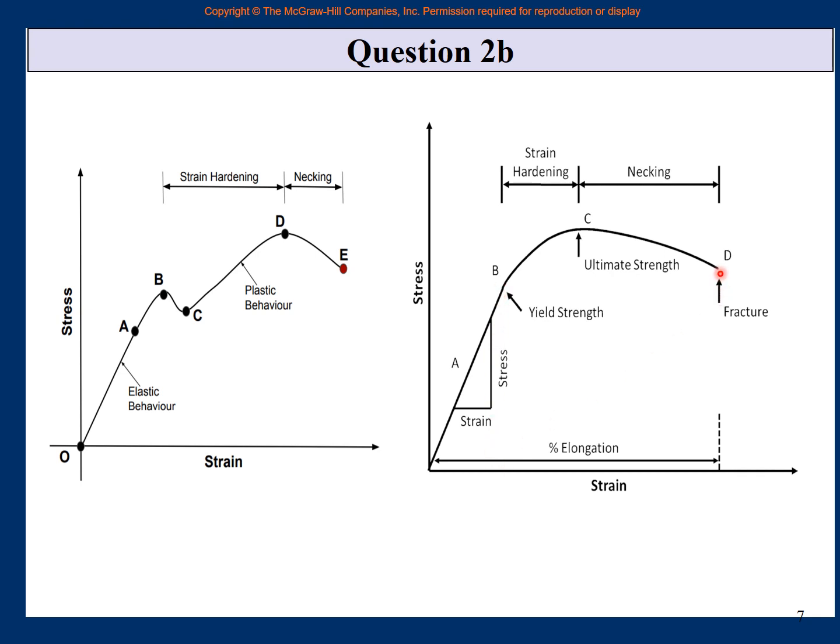And draw a straight line from here and all the area will be the modulus of toughness. But then how will you find it? This is a curve. How will you find the area under the curve? Therefore, you will have to make a little assumption. That is what we are asking: what will be your major assumptions in doing this, and how will you solve it?